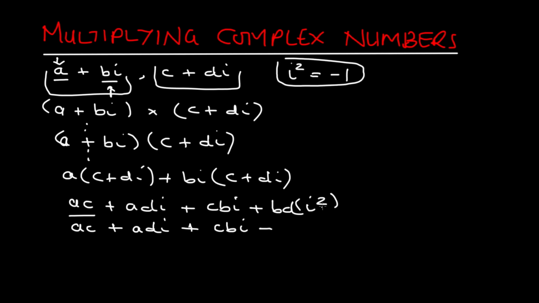Then here, since it's minus 1, we're going to have minus BD, right? Now you see that this is a real number, that's a real number. So we are going to collect them together. And then we will have these two as well. They're going to be as a unit. So you see I have ADI plus CBI. So this I maintain.